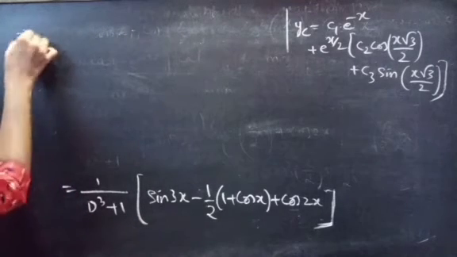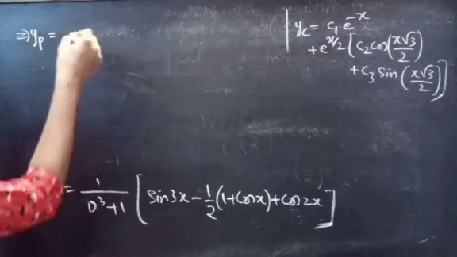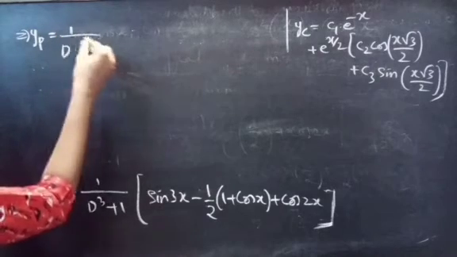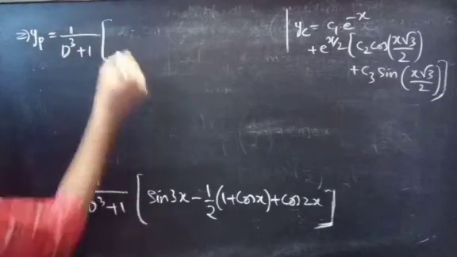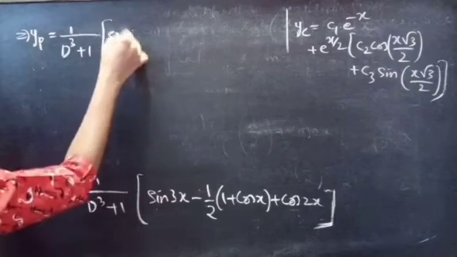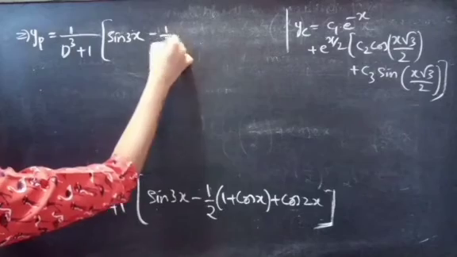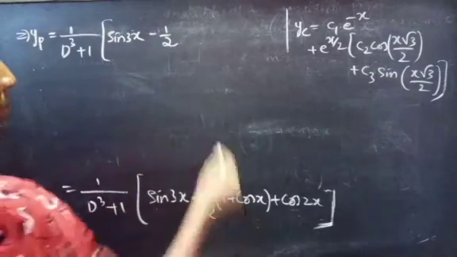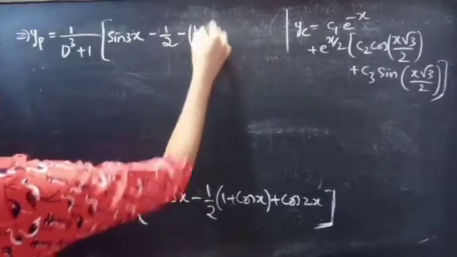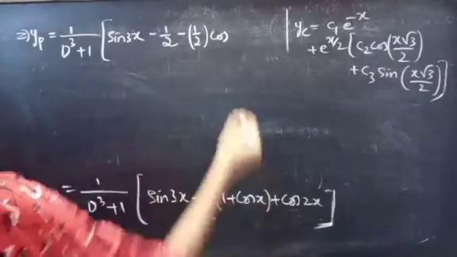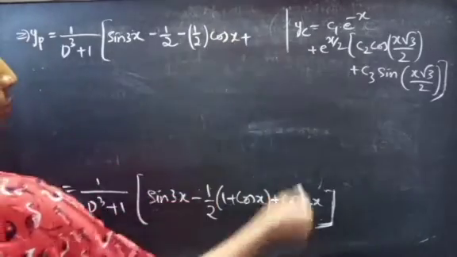You can write this as yp equals 1 by D cube plus 1 into sin 3x minus 1 by 2 into 1 is minus 1 by 2, minus into plus, minus 1 by 2 into cos x plus cos 2x.